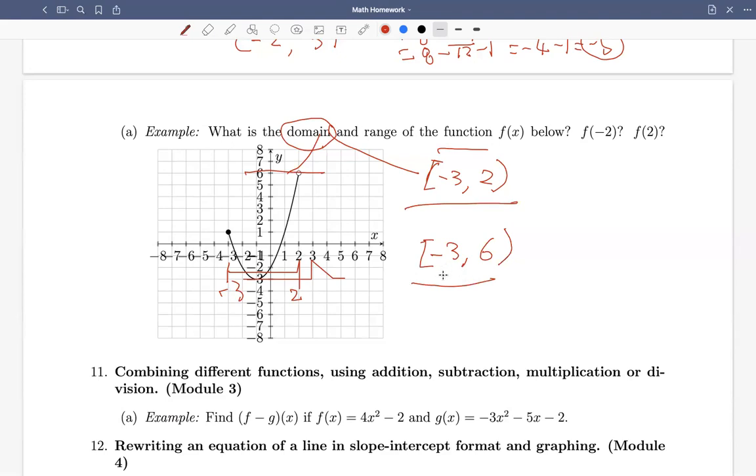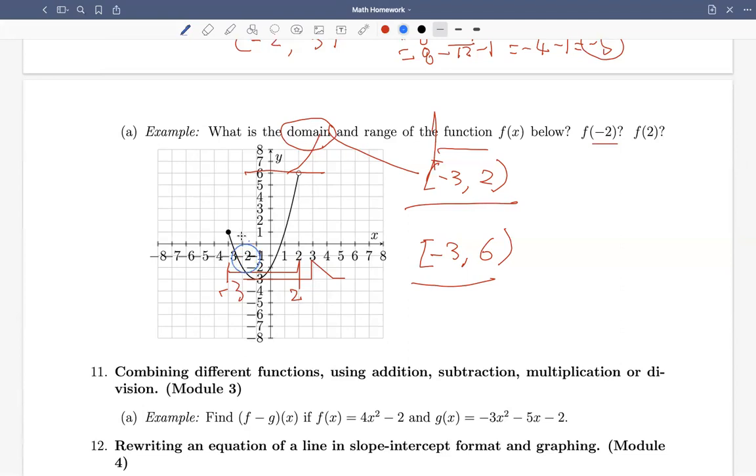Okay, also the question is asking, what is f of -2? f of -2 means x value equals -2. So we go to the x-axis. We're looking for, let me change my color. Okay, got it. So I find my x value equals -2. Okay, right here. Okay, x equals -2.